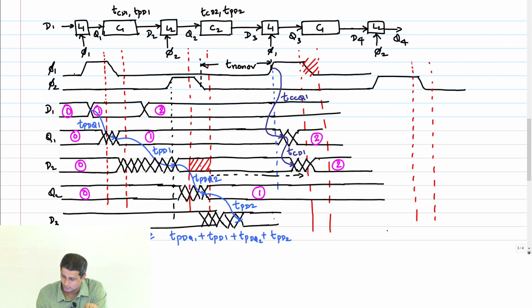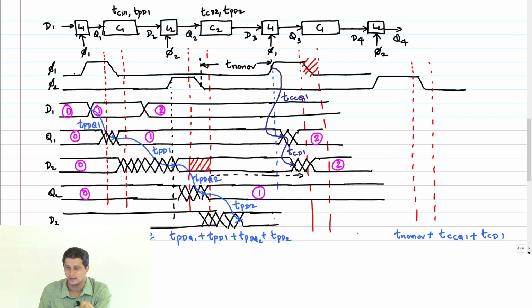Okay, so we have one thing. Let's write it. Going from this clock edge all the way to this delay, I have a delay of T non-overlap plus TCCQ1 plus TCD1, right?